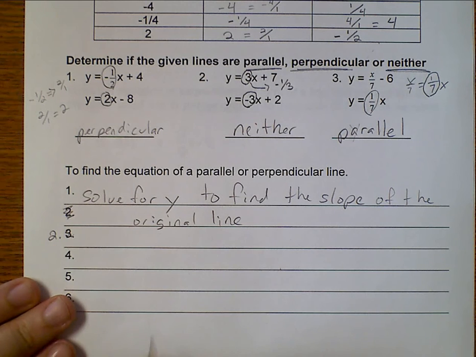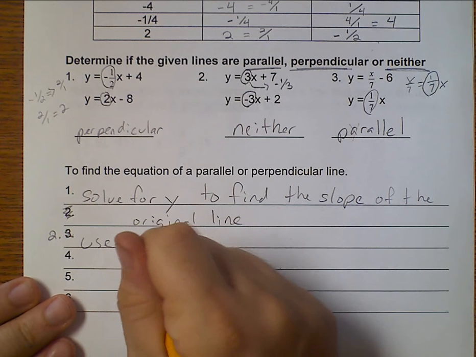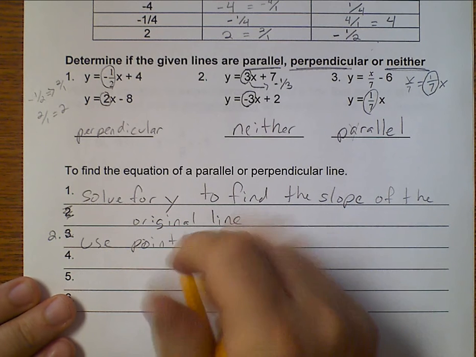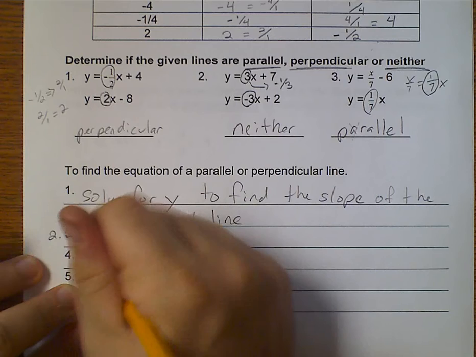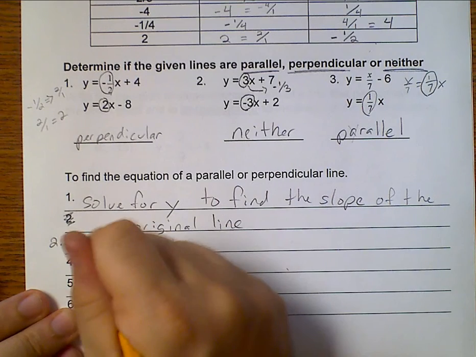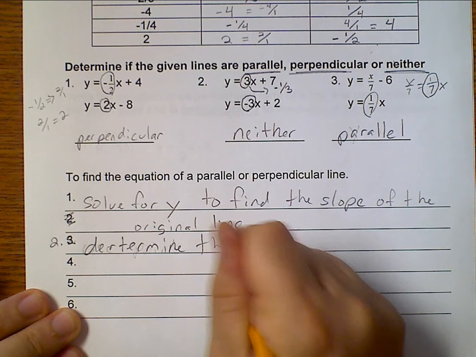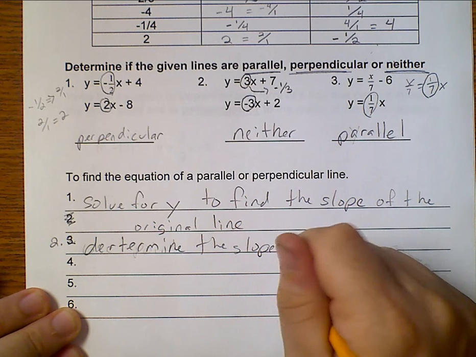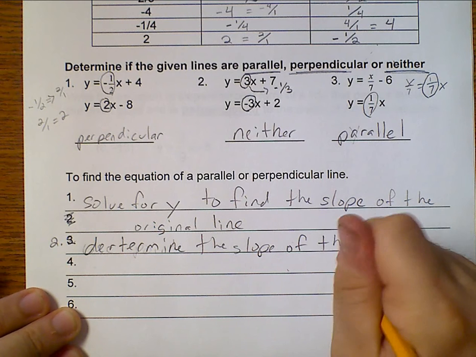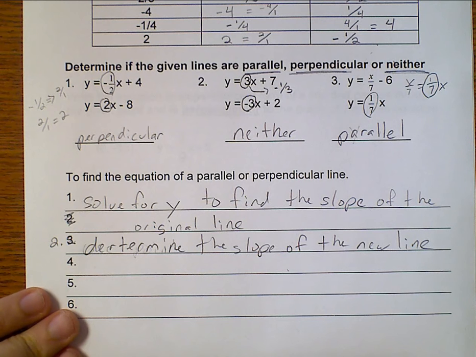Next, we use point... Sorry, we're not going to use point-slope form yet. We determine the slope of the new line.